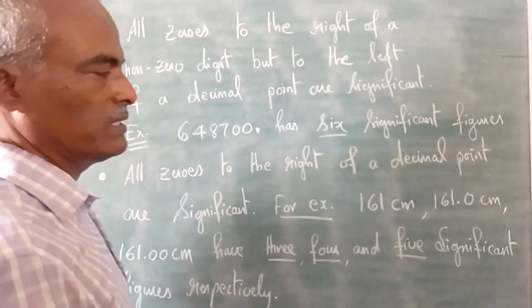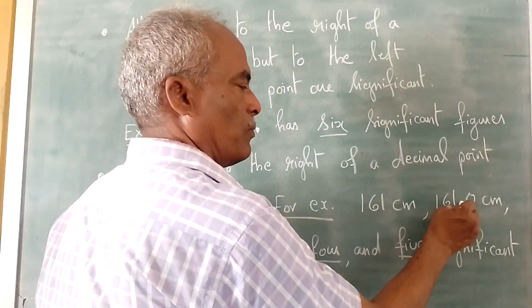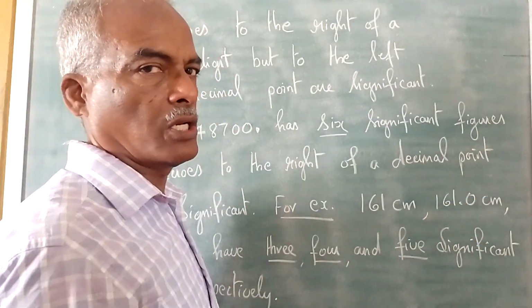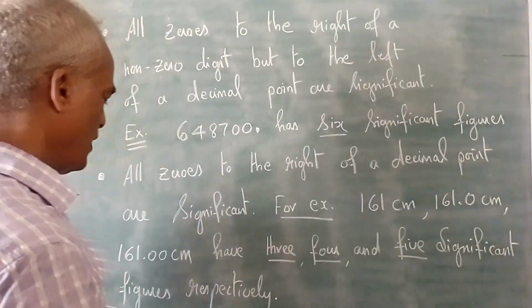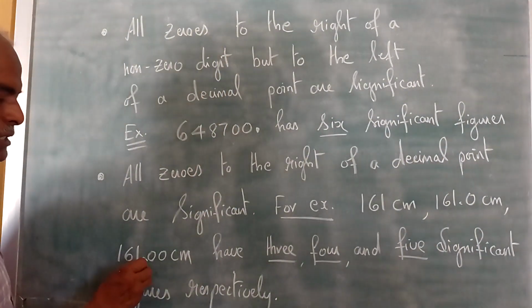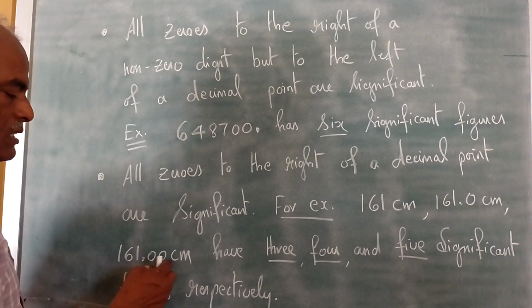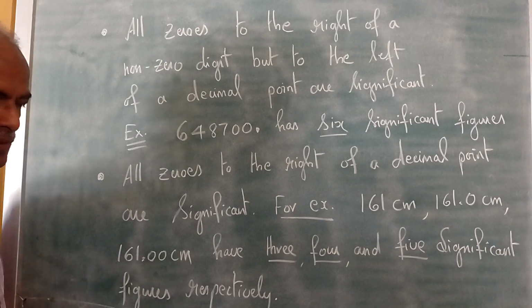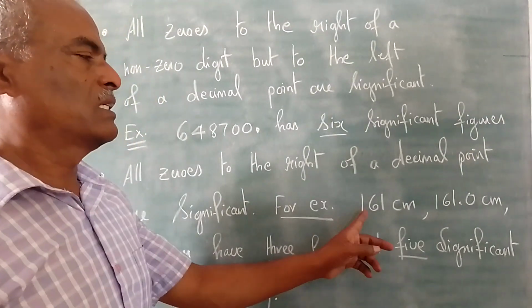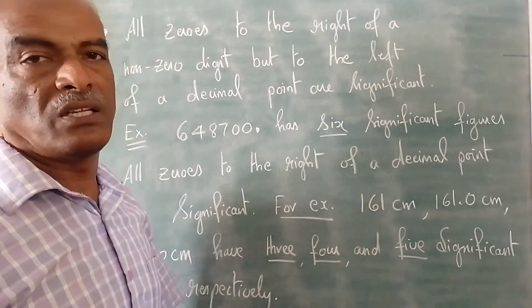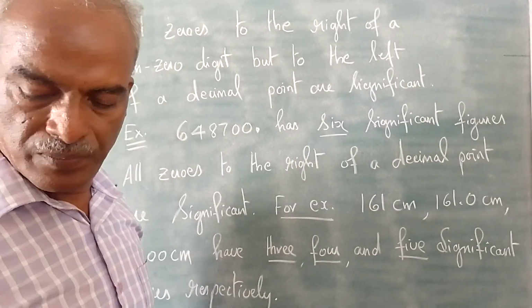So the point is, after the decimal point, if you have a 0, that is also taken into account. So for this case it has 4 significant figures, and for this case after the decimal point you have 2 zeros, so you have 5 significant figures. For the first case we just have 161, so it has 3 significant figures.